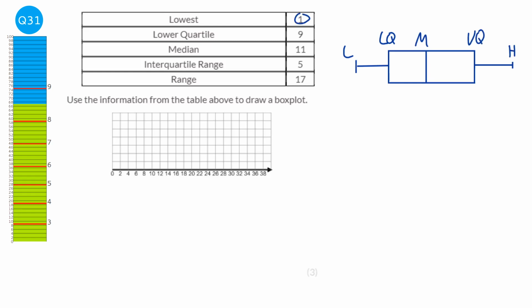So we're going to put a line at 1. Ooh, a little bit further to the right. There we go. And our lower quartile is 9, which is where the box starts. So we're just going to start a box there. We're just going to connect these up. There we go. And our median is 11. So we're just going to show that.